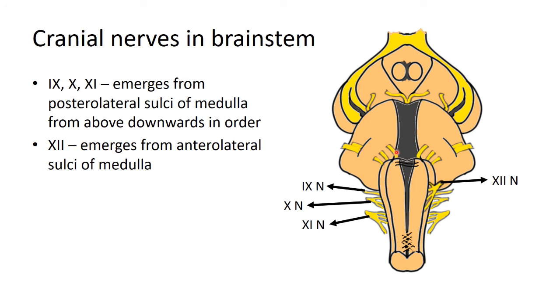The 6th, 7th and 8th, abducent, facial and vestibulocochlear, emerge from the pontomedullary junction. The 9, 10 and 11, that is the glossopharyngeal, vagus and accessory, emerge from the posterolateral sulci, and the 12th emerges from the anterolateral sulci of medulla.